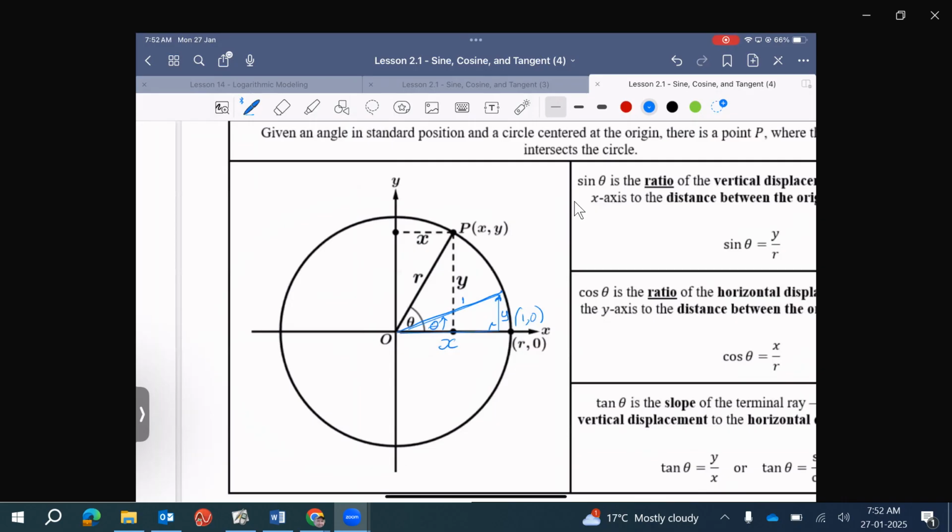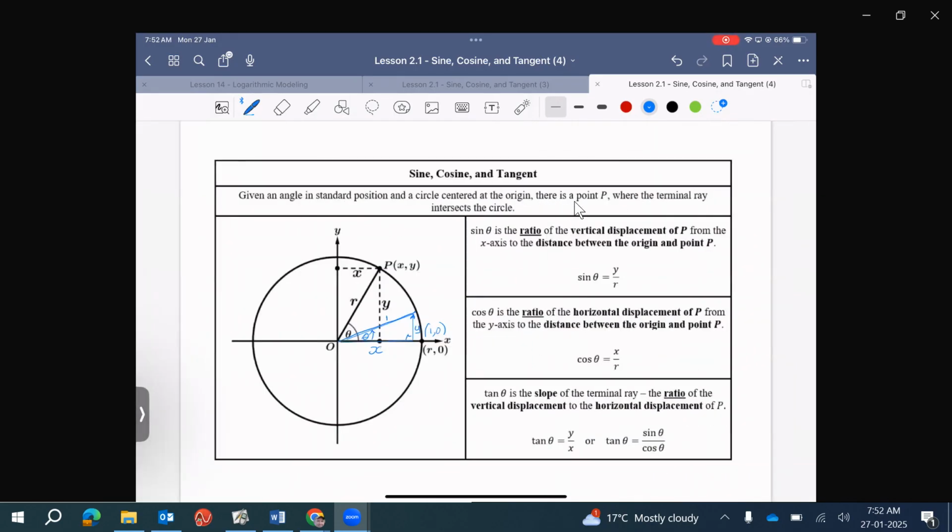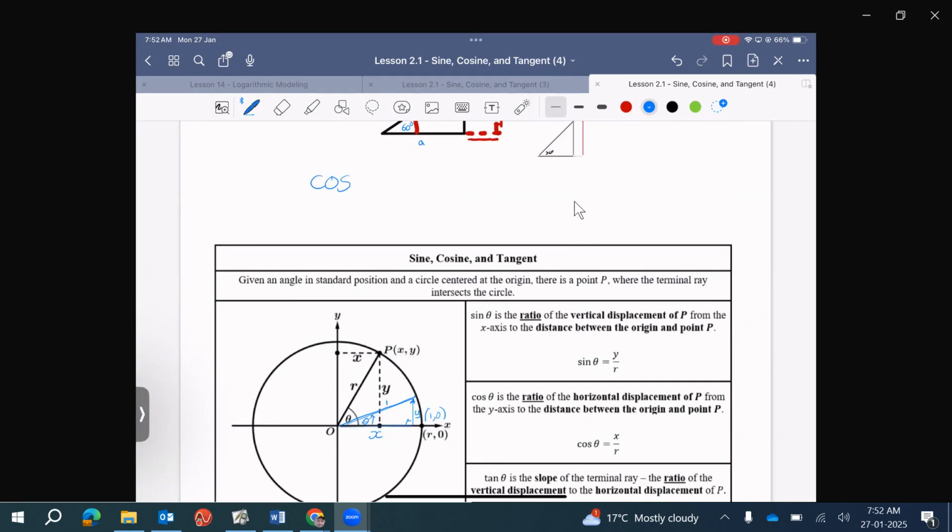So if we have the formula that the cosine is equal to the adjacent over the hypotenuse, well, when we get adjacent over 1, it's simply the adjacent. So the cosine of the angle is always going to be the adjacent. Likewise, the sine of the angle is always going to be the opposite.